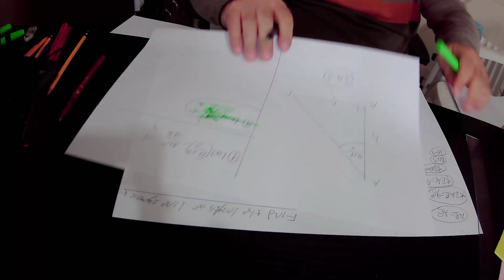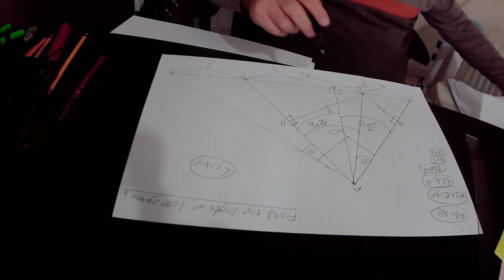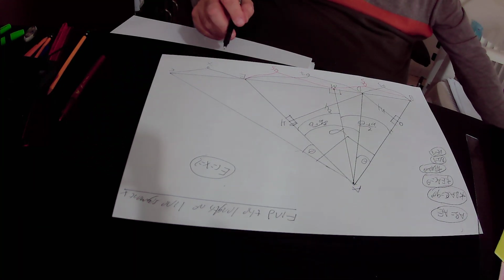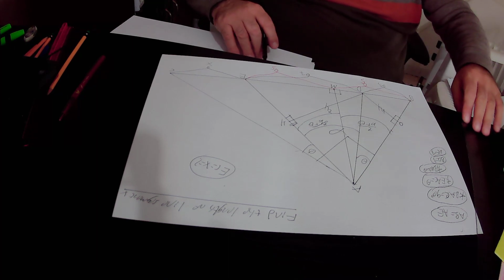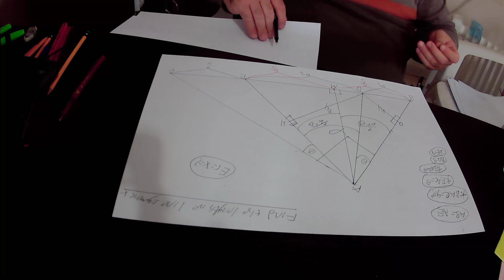In the next step, I will copy the right triangle AMC in a new page, and we will analyze the right triangle AMC. Okay?